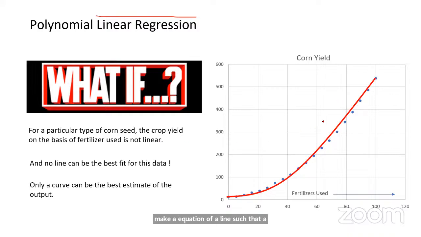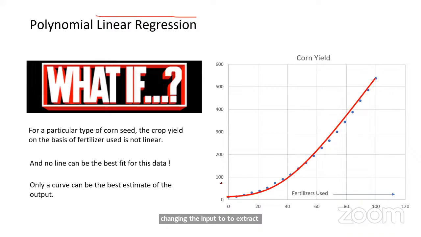This might look ridiculous to you, but we are actually fitting a line, while manipulating the input. Basically, we are changing the input to fit a curve to this data.